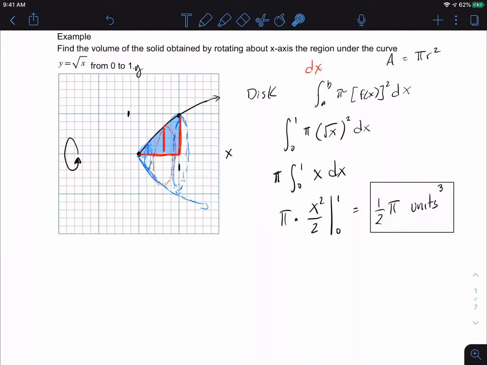Looking at this blue shaded area, was there a gap anywhere along this x-axis? Since there's not, that's a disk method. If there is a gap, then we have a washer. But since we have no gap, we'll do disk.